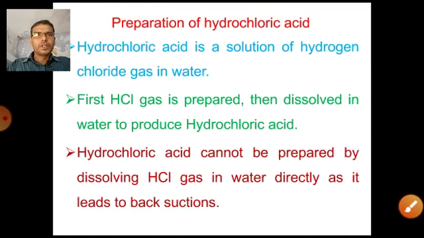But hydrochloric acid cannot be prepared by dissolving HCl gas directly in water, as it leads to back suction, because the back suction is created when we dissolve the hydrogen chloride gas directly into the water. So what is the back suction?